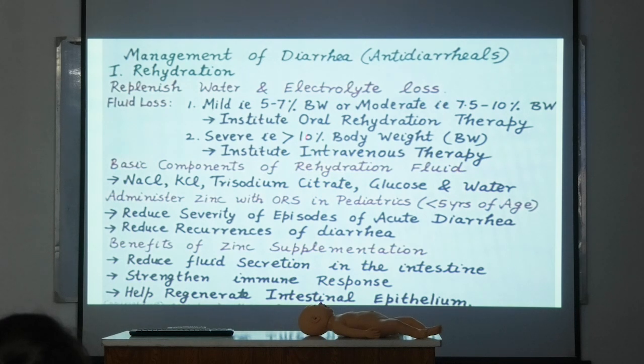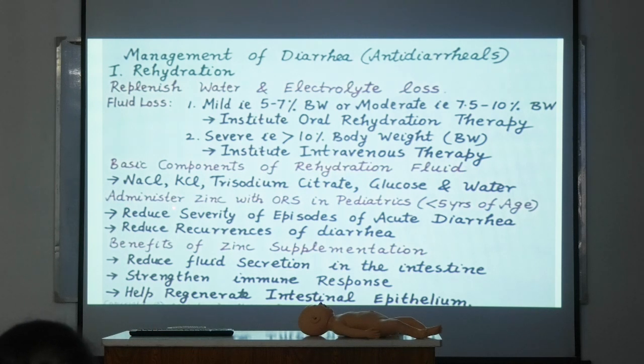ORS will act. But if more than 10% of body weight is lost in form of water, then you have to give intravenous fluid. ORS we will discuss later on in a bit more detail, but just to tell you that ORS contains sodium chloride, potassium chloride, trisodium citrate, glucose and water.